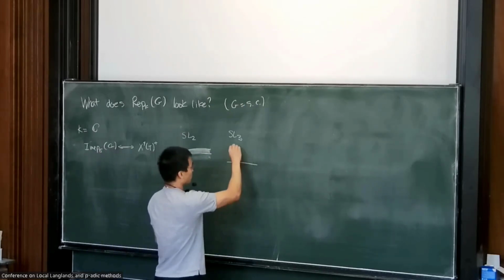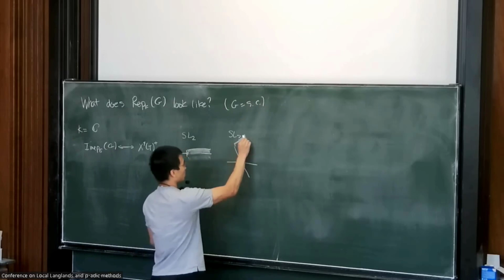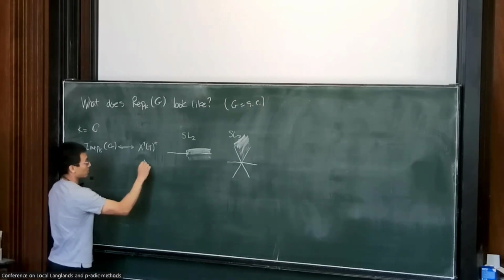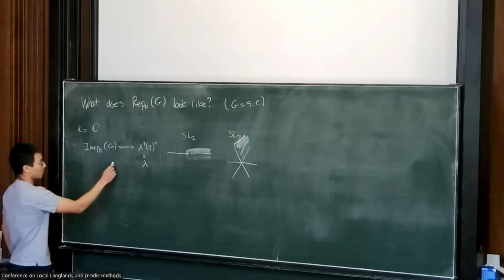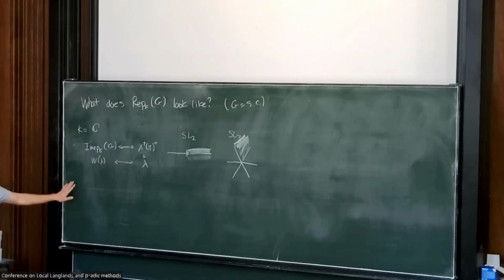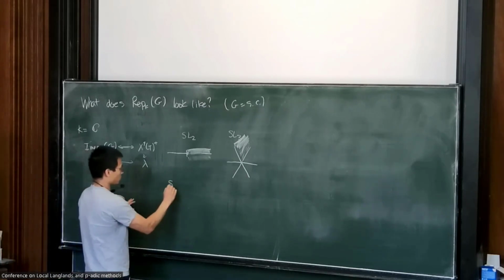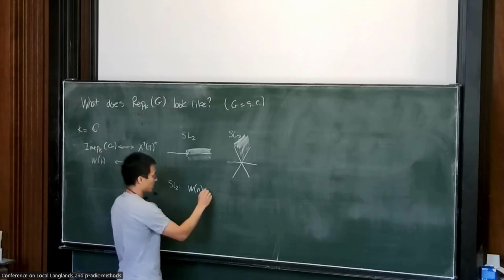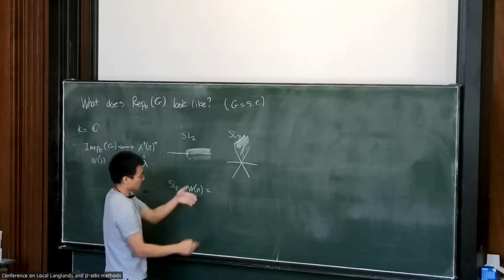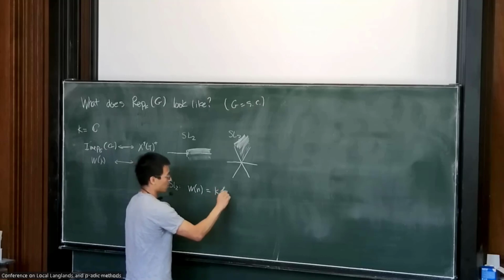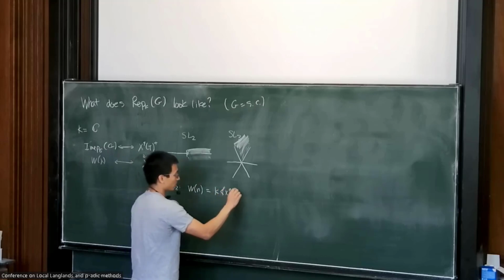For SL3, here's the weight lattice, and we would take the dominant weights in this cone. The representation of highest weight lambda, I'm going to call W(lambda) for the Weyl module. So for example, for SL2, the highest weight is an integer n, and this thing can be thought of as the polynomials in two variables x and y of homogeneous degree n.